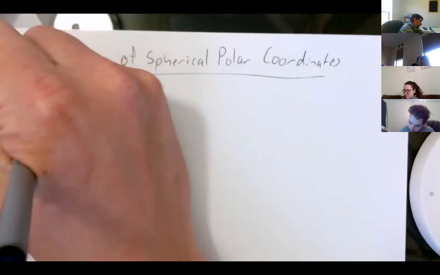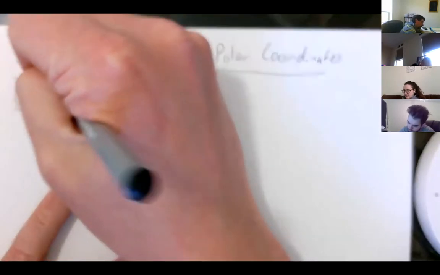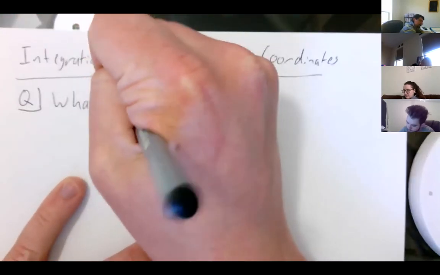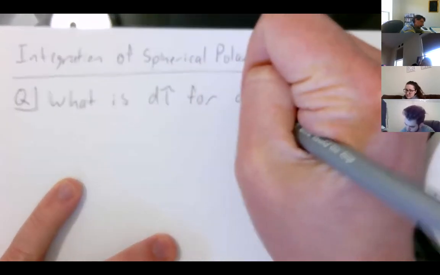So before we go into complicated stuff, let's start with simplified stuff. What is d tau for a 3D system?